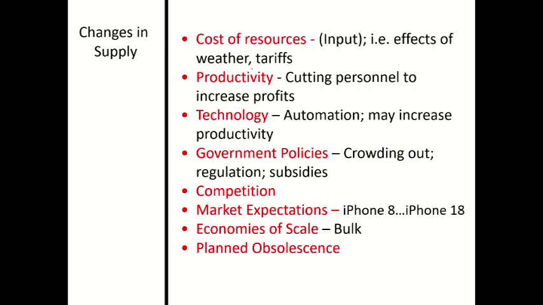So the effects of weather, and then right now we're discussing, or at least you'll see in the news, tariffs, where Trump is tariffing a number of products, and farmers are having a tough time because in retaliation, China is tariffing products. We'll talk about trade wars and things like that much later.